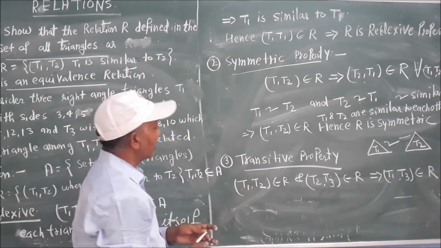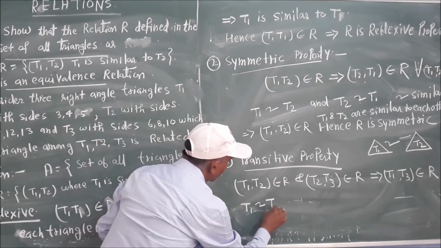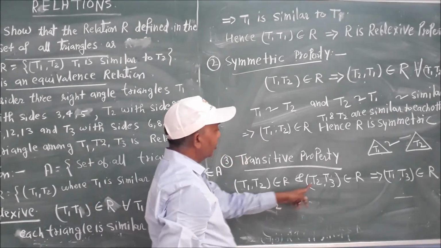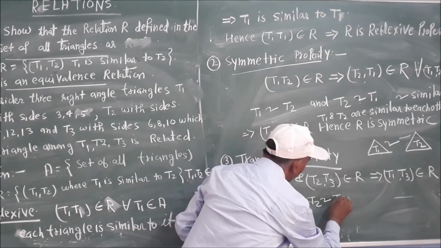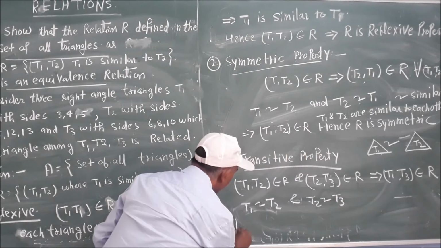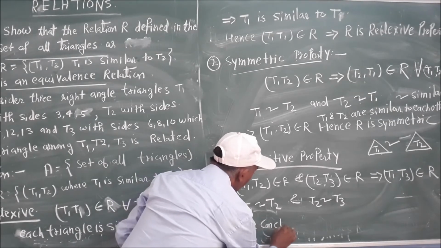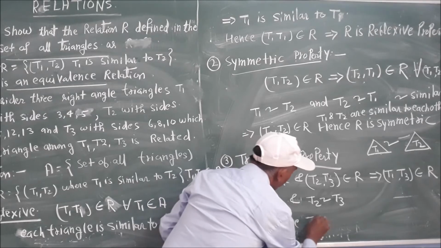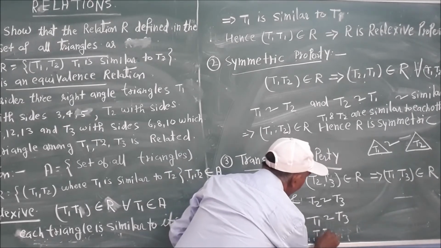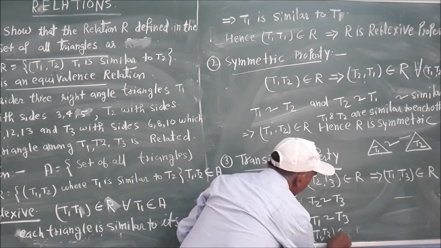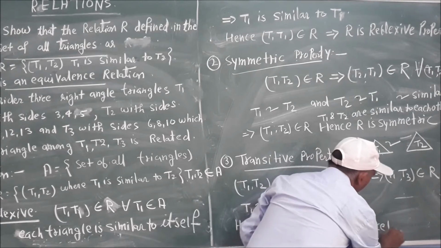(T1, T2) belongs to R means T1 is similar to T2, and (T2, T3) belongs to R means T2 is similar to T3. Hence, we conclude that T1 is similar to T3. So (T1, T3) belongs to R. Hence, R is transitive.